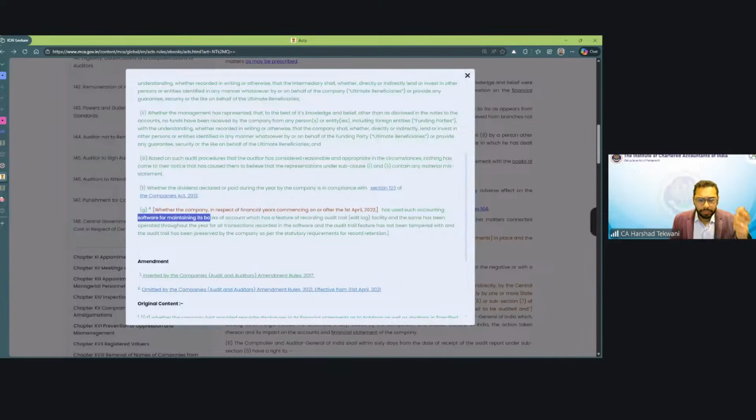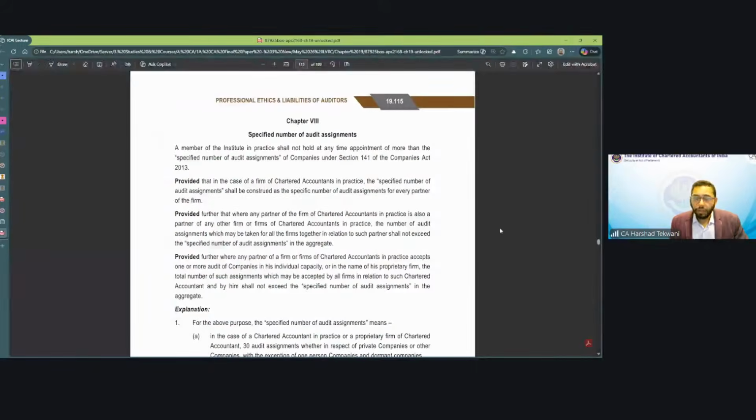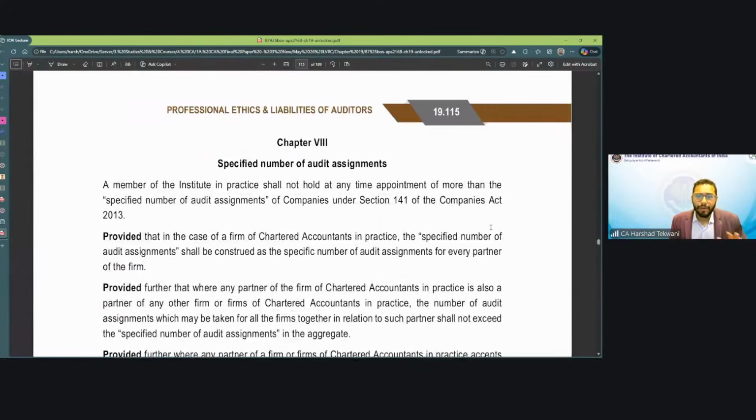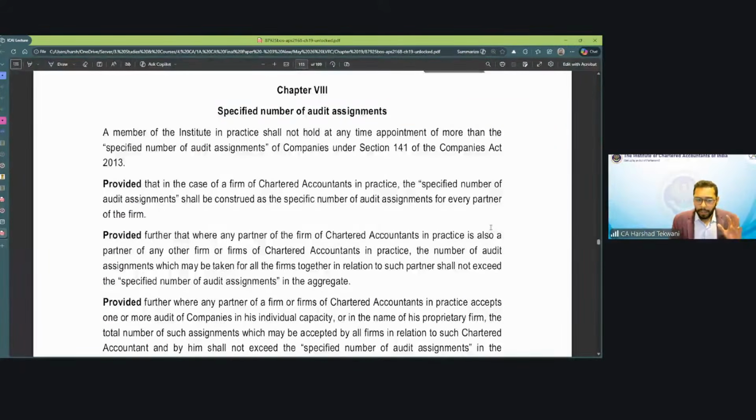Because I think for internal audit there should not be any limit, but I think there is some limit up to 20 audits we can do for internal audit. No, that is the specified number of audit assignments. Okay, let me show you. So we are talking about the specified number of audit assignments in case of the Companies Act.